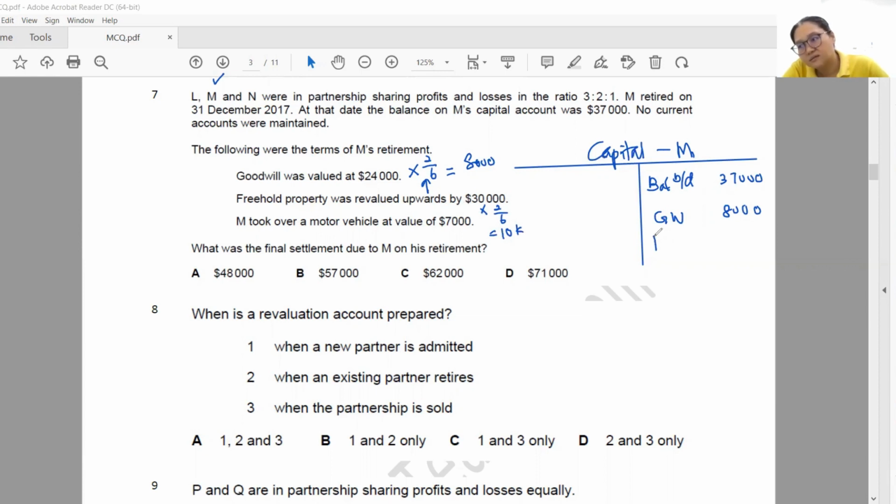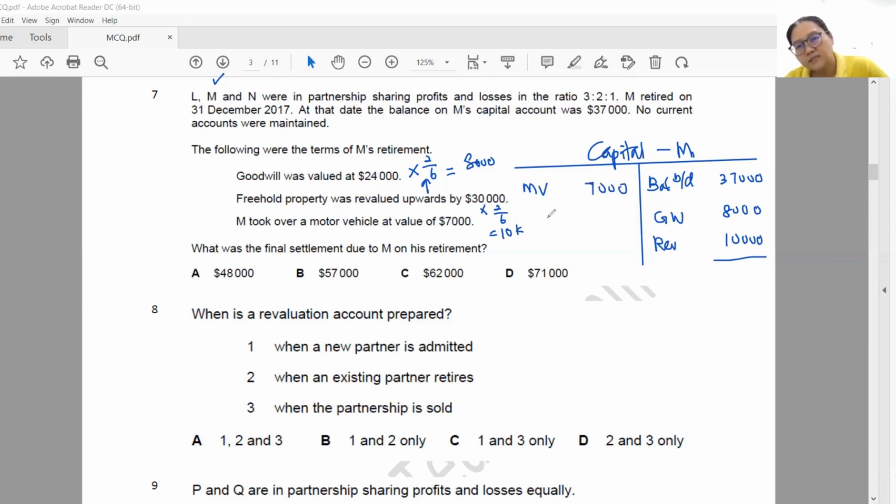So here, revaluation will be 10,000. So the total on the credit side is 55,000. M took over a motor vehicle, so here the double entry is debit capital of M 7,000, and credit the motor vehicle.